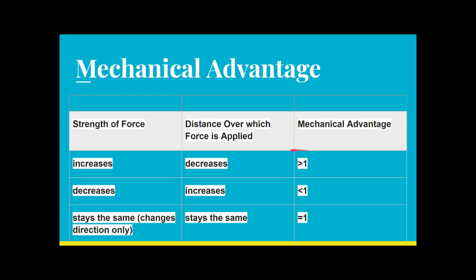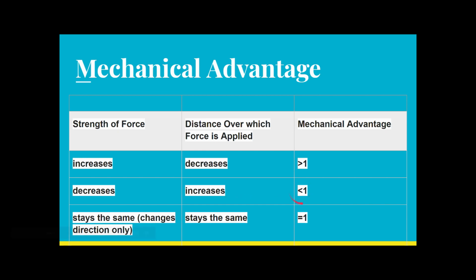And that means that the mechanical advantage is greater than 1. So if mechanical advantage is above 1, it's making you stronger, but it's not letting the output move as far. On the other hand, if it decreases your force, the distance that it moves is going to increase.